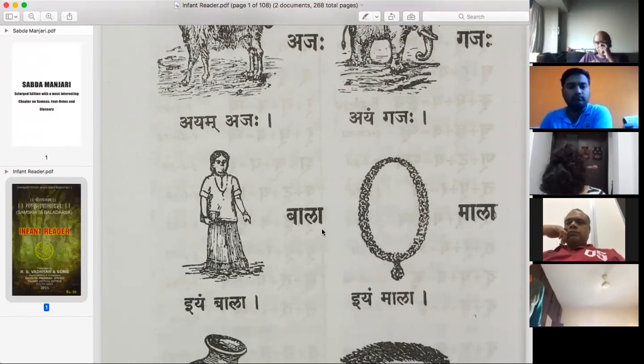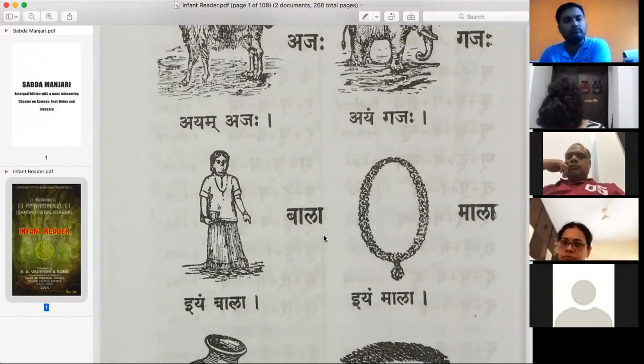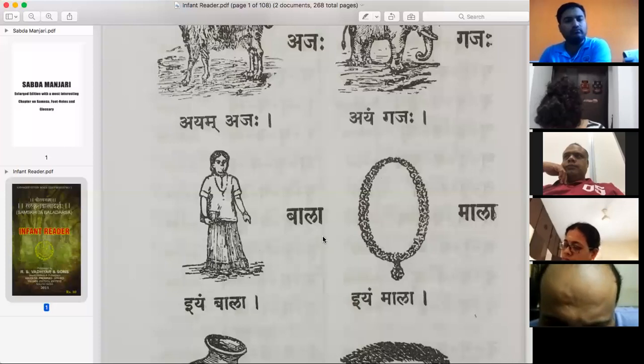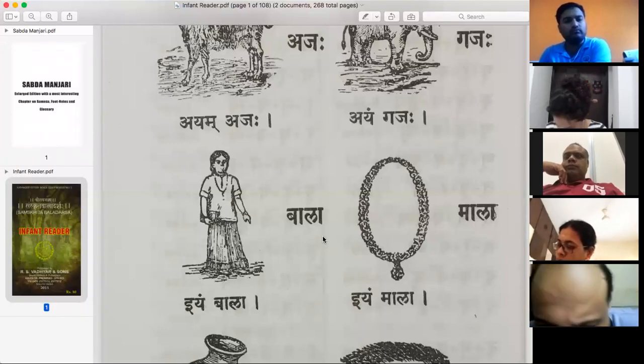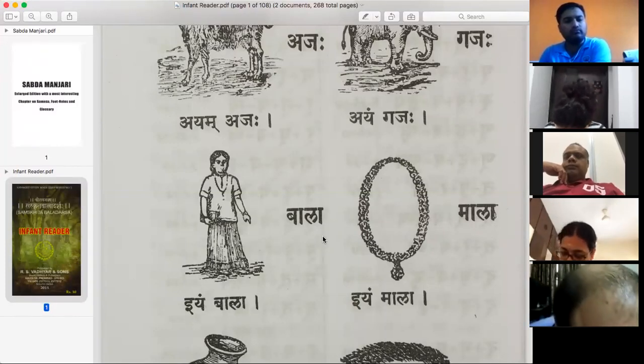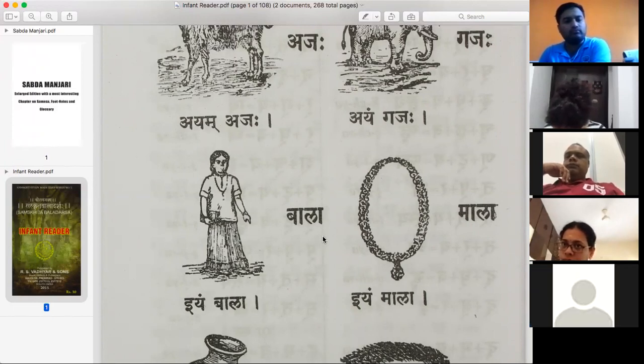Now they are introducing feminine words. So Bala, it ends in A. That's why in all our names, whichever name ends in A or E, it is usually a feminine name.